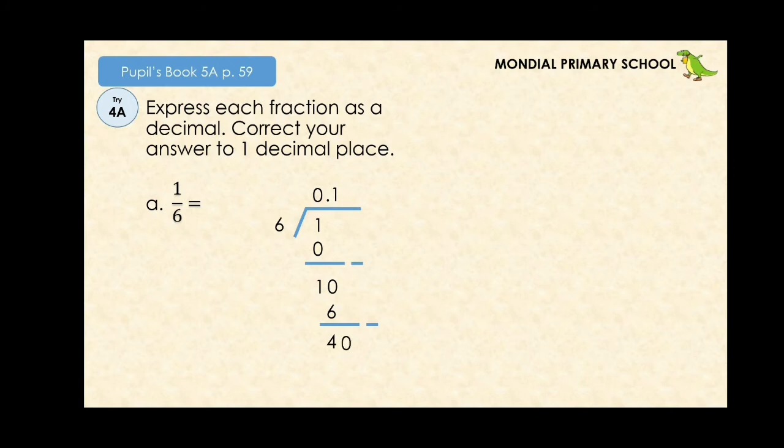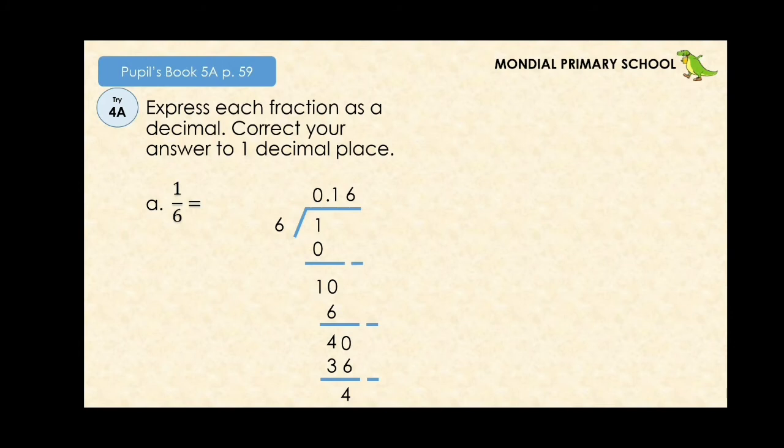Step 3. Divide the hundredths by 6. 40 hundredths divided by 6 equals 6 hundredths with the remainder of 4 hundredths. Write 6 in the hundredths column of the question.